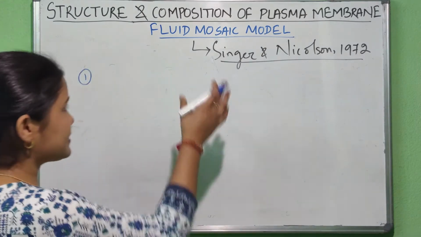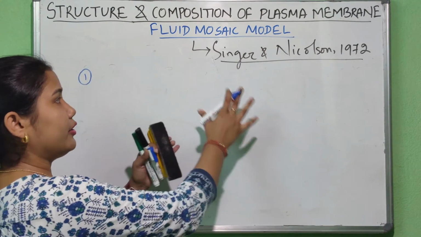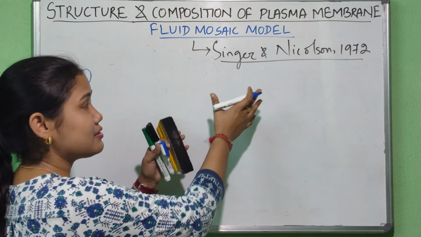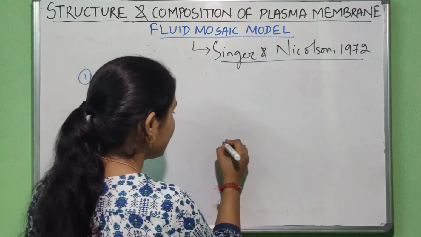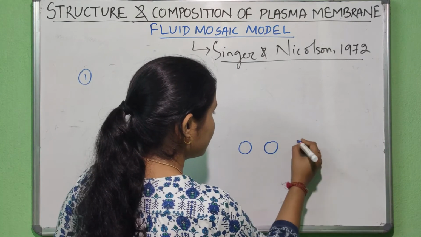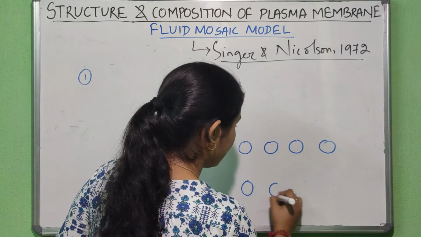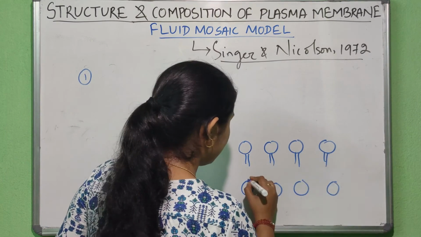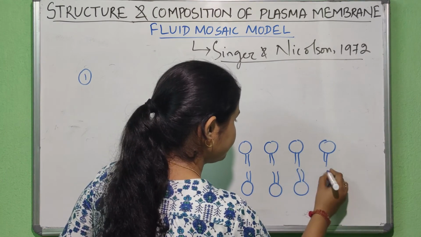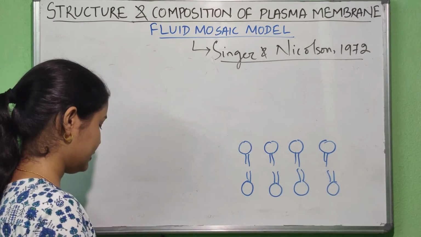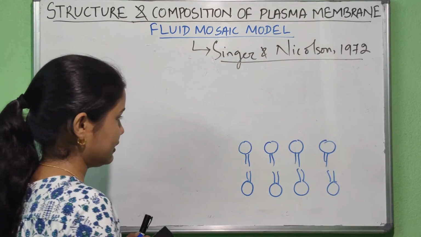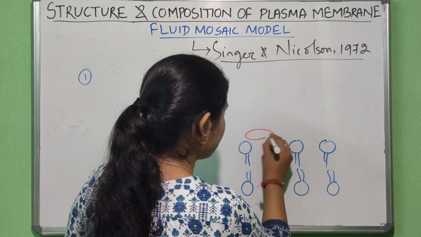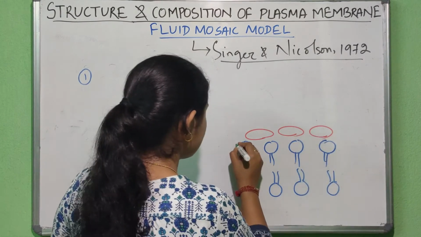Okay. So let's draw the diagram according to Nicolson and Singer. Okay. So these are the lipid bilayer. Okay. Then there is present the proteins. These are the proteins.